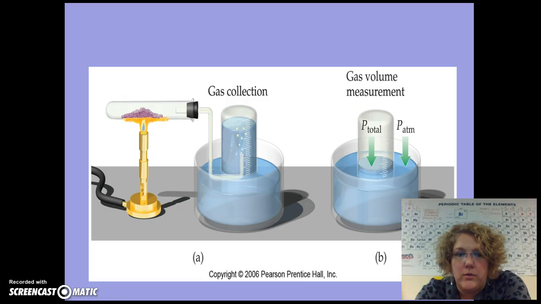Now when we go to measure the volume of our gas and really the pressure of our gas in the collection tube, we're going to move the tube around, up and down into the water, changing the pressure a little bit on our gas until the level of water inside the tube is equal with the level of water outside the tube.